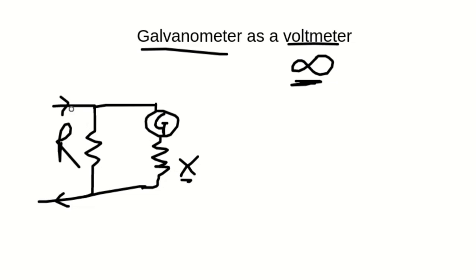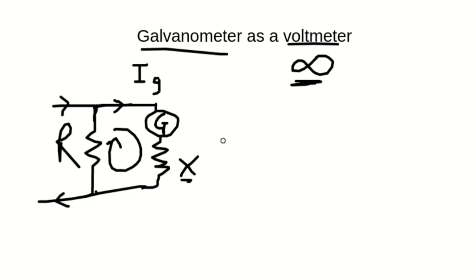Now suppose current I is flowing through this, but only a small part of that current is flowing through the galvanometer. We will call this Ig. Consider this loop. We are going to apply the voltage law. The voltage between this point and this point is exactly the same through this path or through this path.